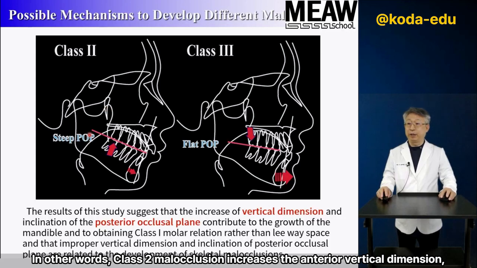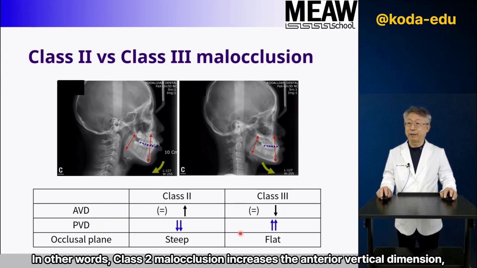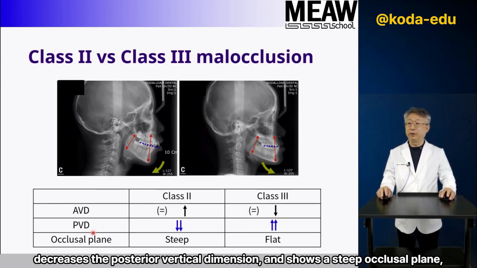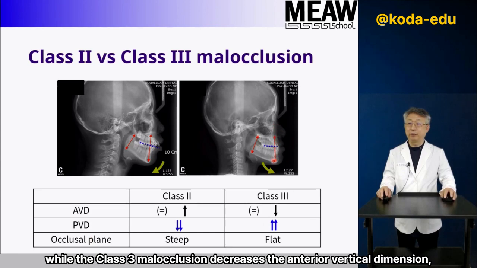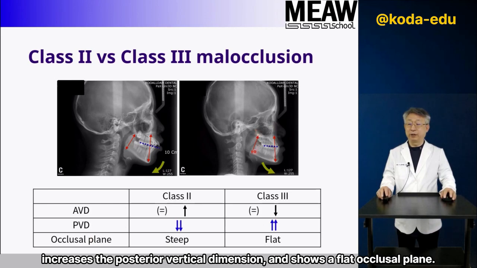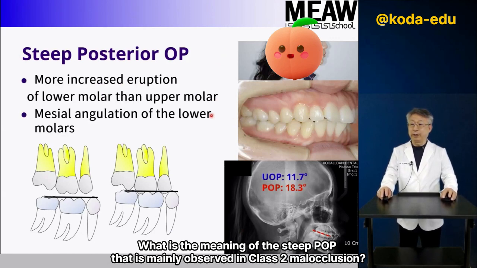In other words, class 2 malocclusion increases the anterior vertical dimension, decreases the posterior vertical dimension, and shows a steep occlusal plane. While the class 3 malocclusion decreases the anterior vertical dimension, increases the posterior vertical dimension, and shows a flat occlusal plane.